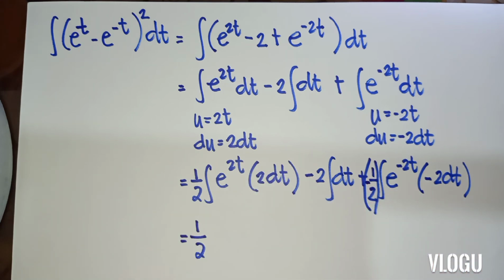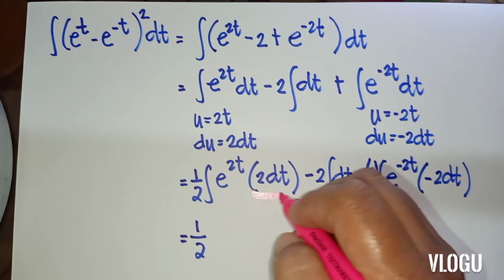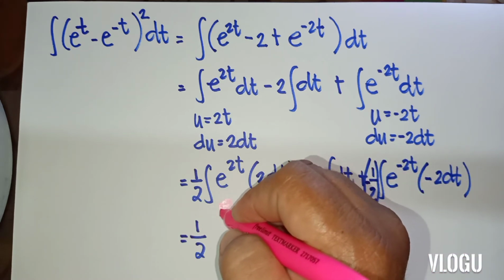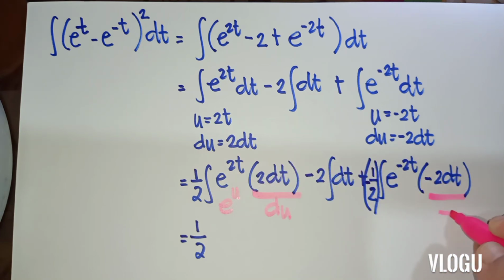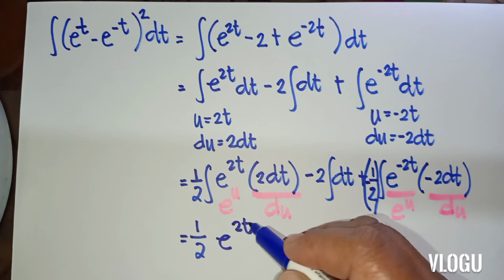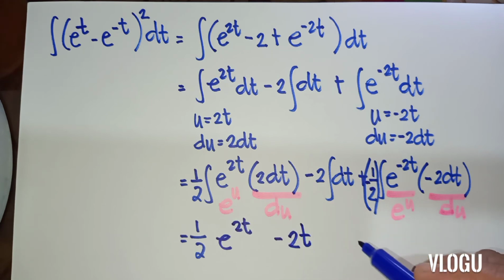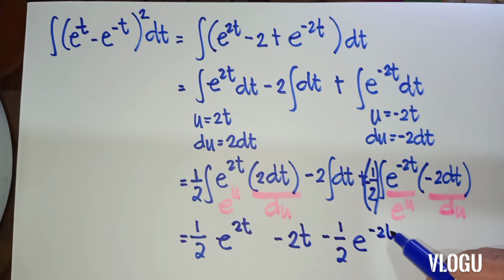We indicate here this is our du, and this one is e to the u. So our final answer will be 1/2 e to the 2t minus 2t minus 1/2 e to the negative 2t plus c. So that is now the final answer.